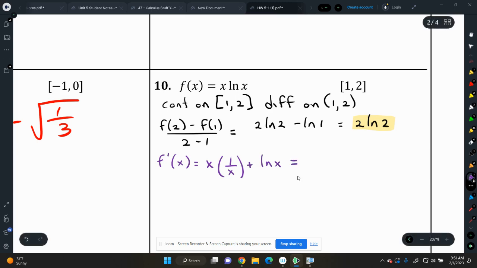So the derivative of f of x is 1 plus the natural log of x. We need to set these two equal. So we've got 1 plus the natural log of x equals 2 natural log of 2.